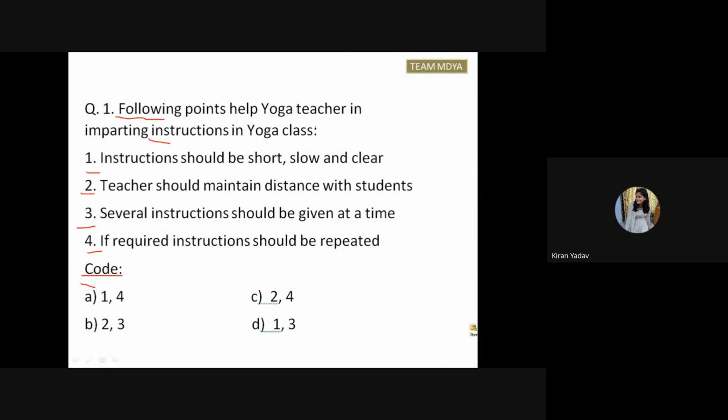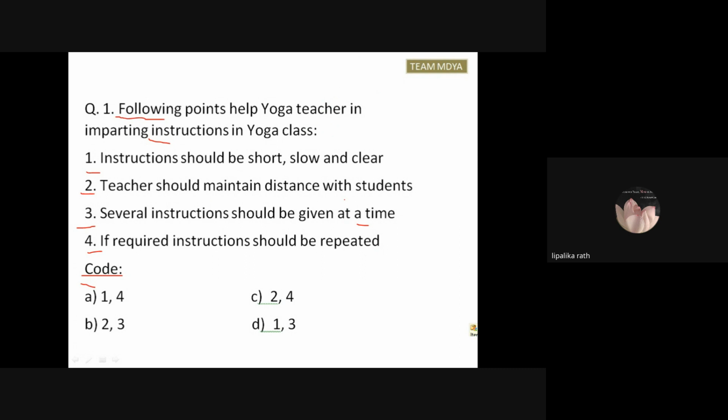How will you explain this? Ma'am, instructions should be short, slow, and clear. And another option, if required, instructions should be repeated. Means if you give short instructions, then students can demonstrate it or understand clearly.